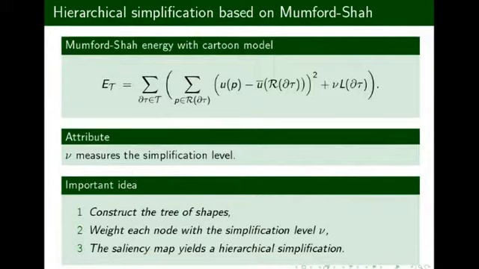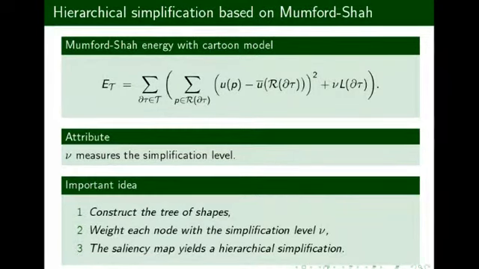You start from a given image and you just want to obtain an image that is a simplified version of the original one. So you can start with the cartoon model, in which you measure the variance and the length of the perimeter. And you have a parameter nu here, which measures the simplification level.